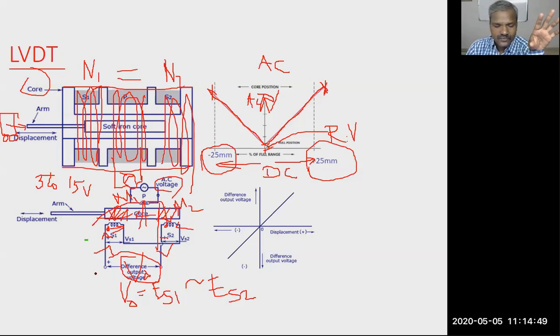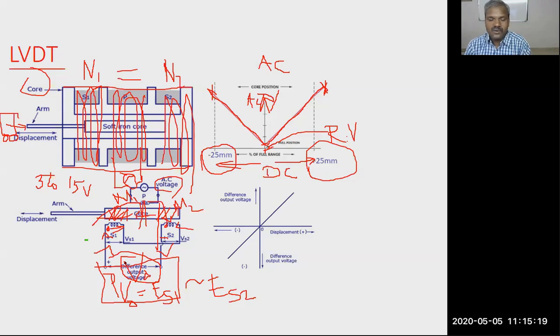If you connect some modulation circuit, say phase sensitive modulation, we may not be able to detect using this AC characteristics whether the displacement is on the positive side or negative side. When the core moves right, the output increases to maximum. When the core moves left from the null position, it also increases to maximum. But we may not identify that at the output.